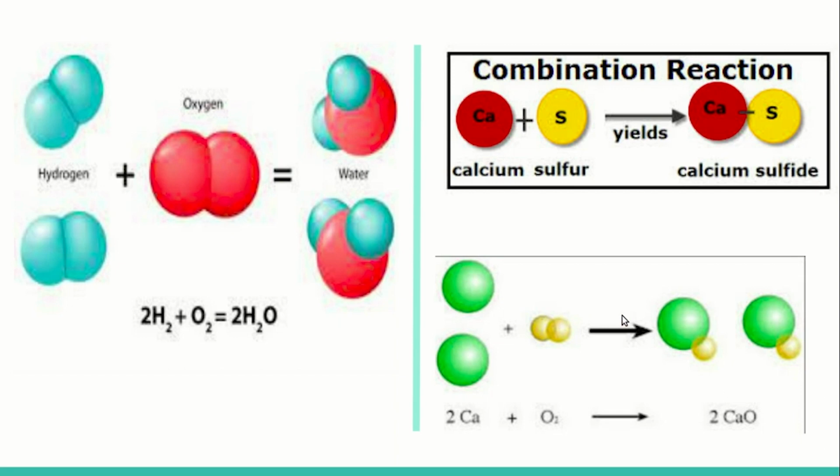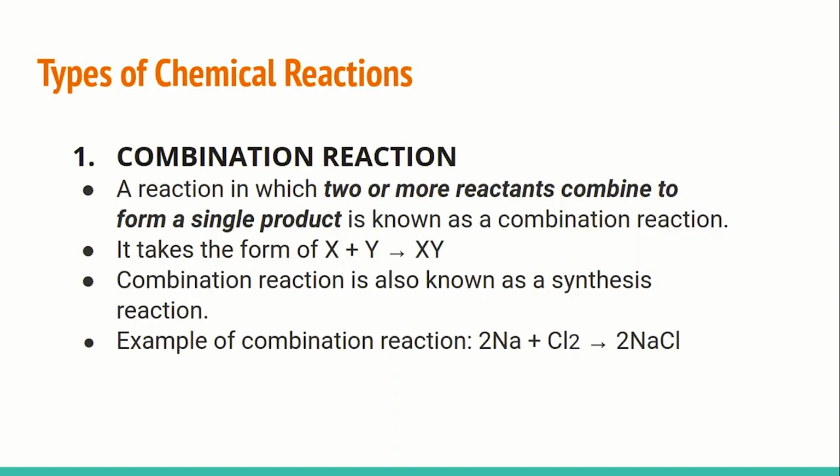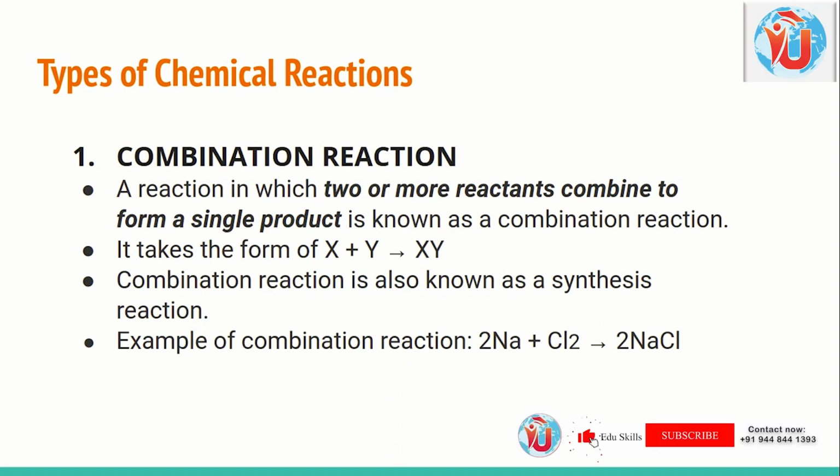In all these cases, there is some formation of heat or energy taking place during the reaction. So combination reactions are also called exothermic reactions. This is because some amount of heat is produced during combination reaction.